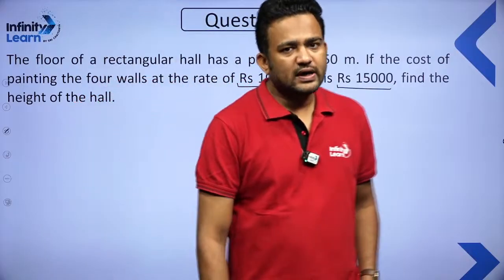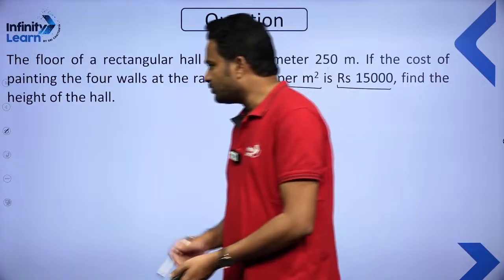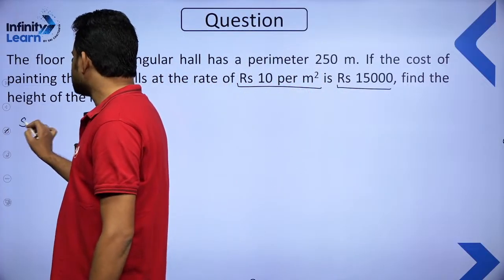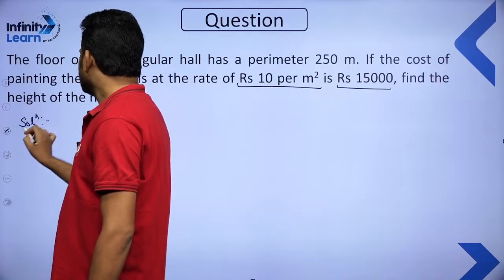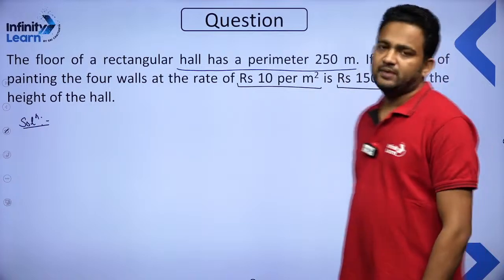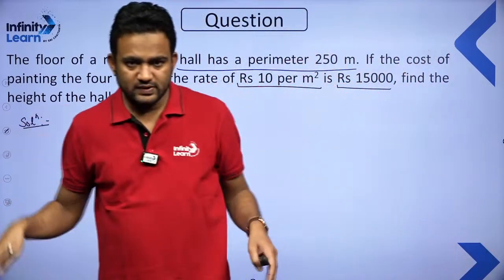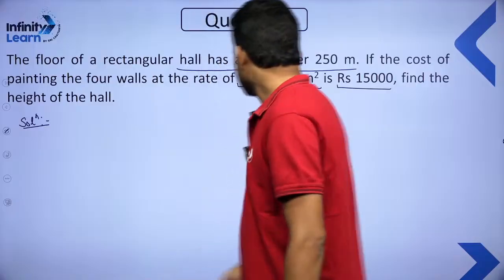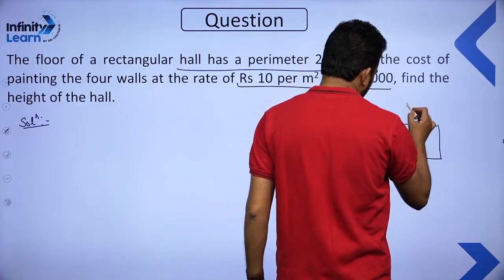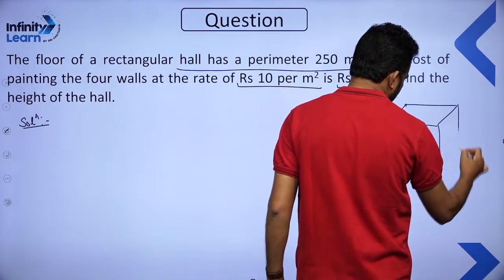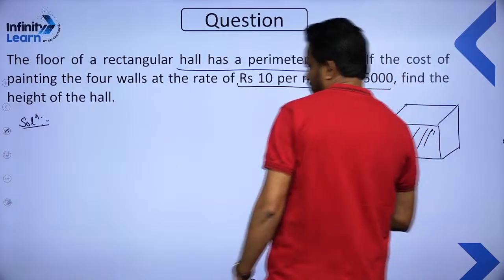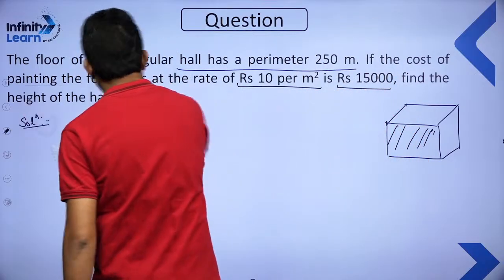So let us write the important information which is mentioned in the question, guys. The first information is, the floor of a rectangular hall has a perimeter of 250 meter, right? So floor means length and breadth, right? So let us assume this is the rectangular hall, and this is the floor.